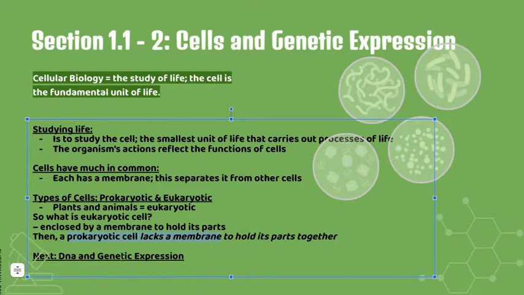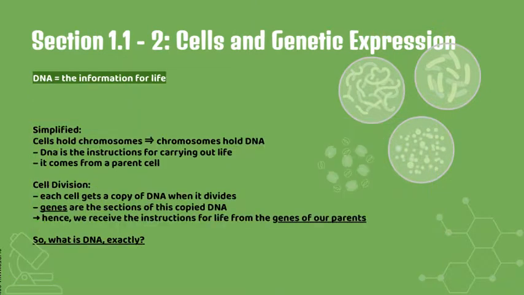So that brings us to DNA and genetic expression. When we're studying life, we need to understand how life continues, or how life is transferred, how life carries on, or how life results from life itself. So we just said that cells have membranes, and the eukaryotic cells have the membrane that holds the organelles within the cell itself.